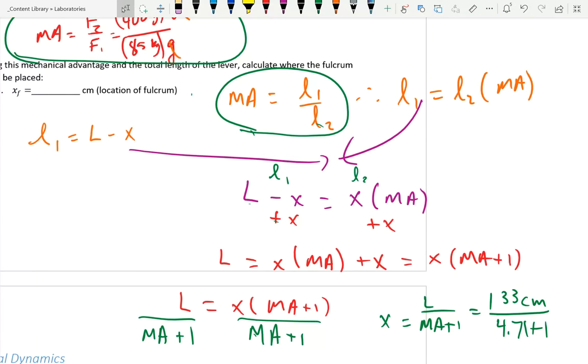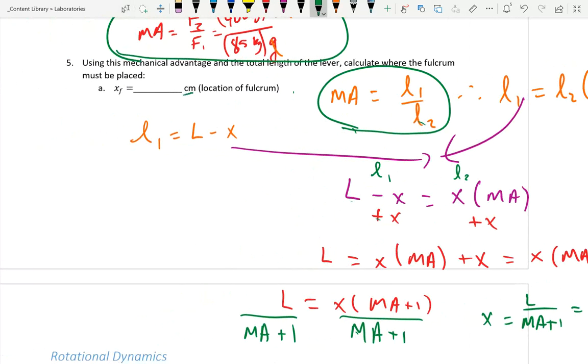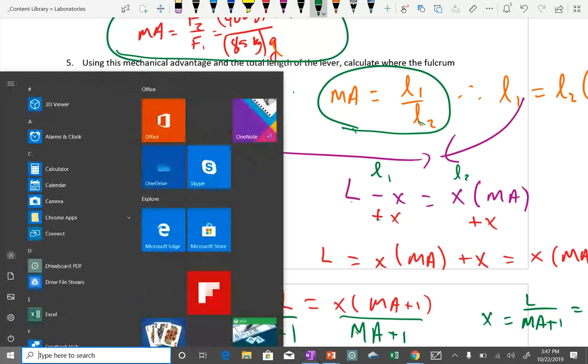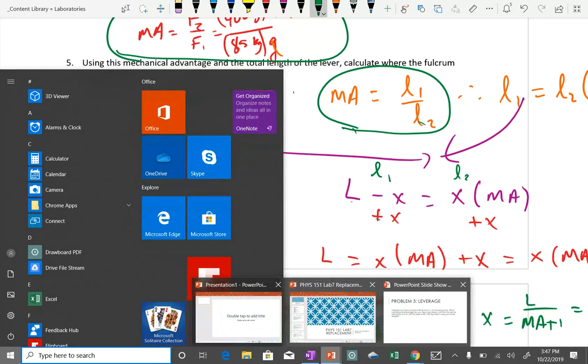No, it's not, it's unitless. The top is the only thing that has units there. Why do I have to convert? Because it asks for the answer in units of centimeters. Okay, let's get on with things.